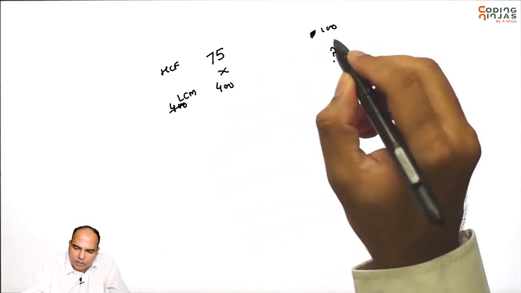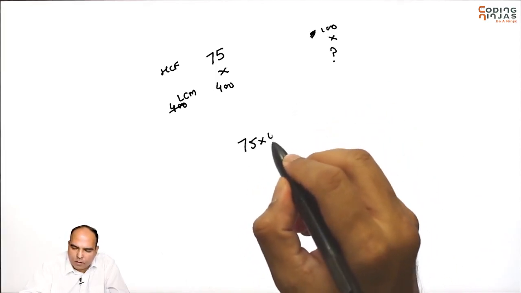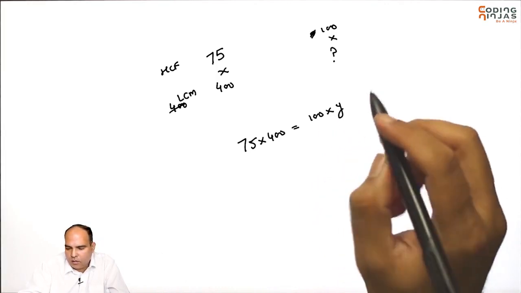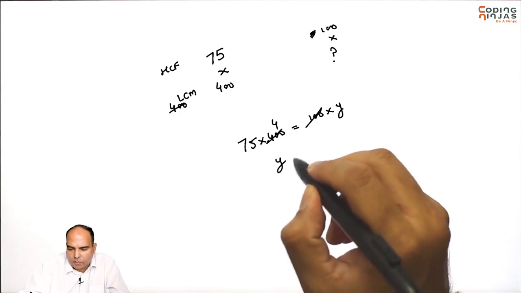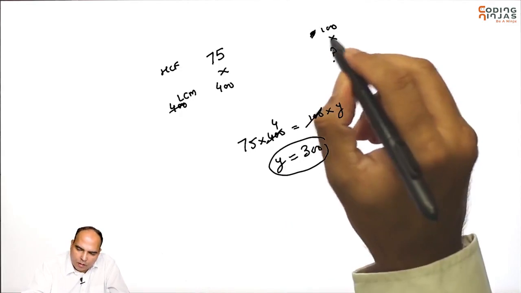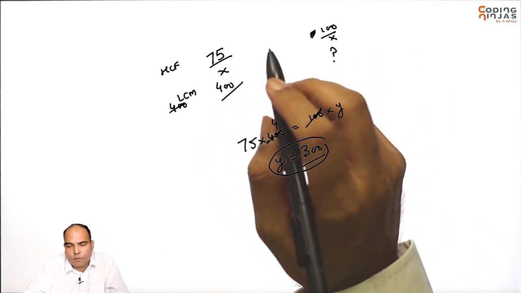Again, HCF into LCM is the product of the numbers. 75 into 400 is equal to 100 into Y. That works, and Y comes out as 300, but the problem is, 100 and 300 do not have an HCF of 75 and they do not have an LCM of 400.